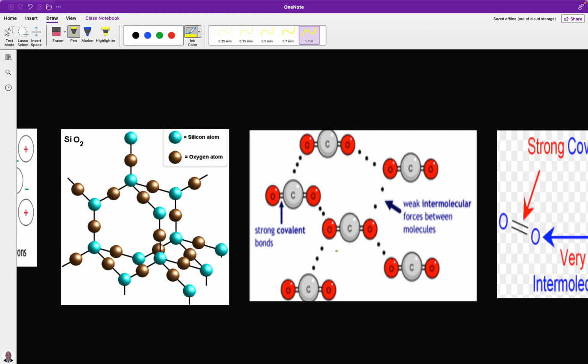Then argon is an atom, gaseous in nature, and the forces holding gaseous molecules together are weak van der Waals forces. So all these are contributing to their low melting point.